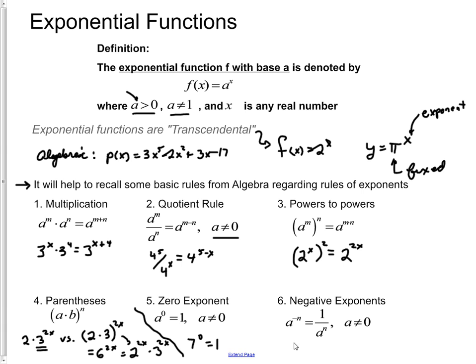In a real quick example, if I told you I wanted to simplify something like 3 times 5 to the negative x, what goes to the denominator? Exactly, only the 5 to the x. That becomes 3 over 5 to the x, because by our rule, the exponent only applies to the very last thing to which it's attached unless there's a parentheses. Go back to rule 4. So this should set us up in a good position to handle the rest of our work.